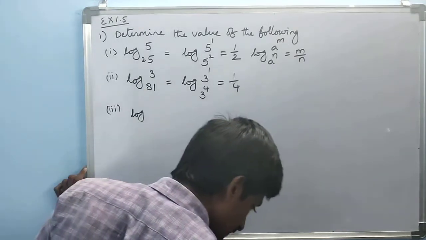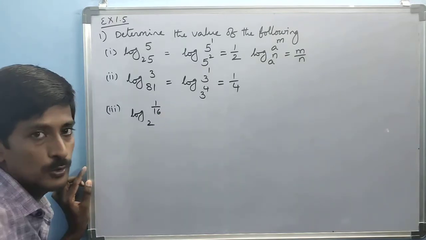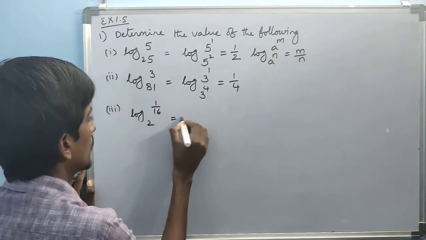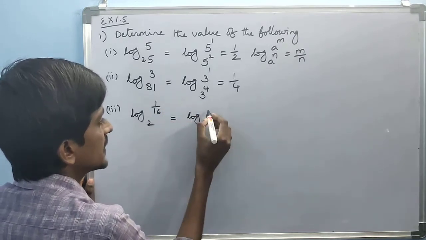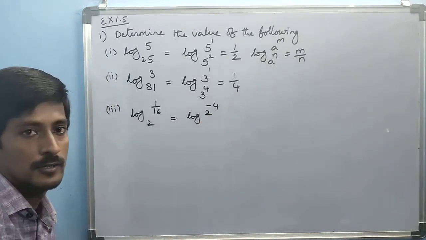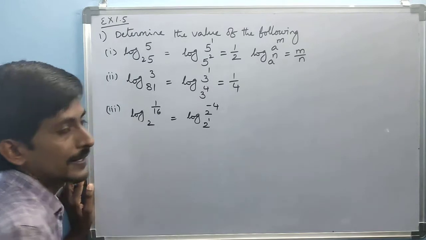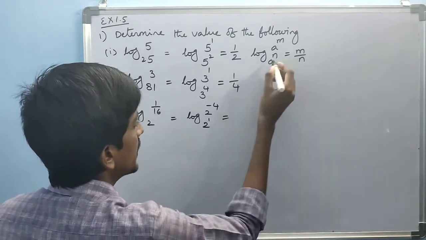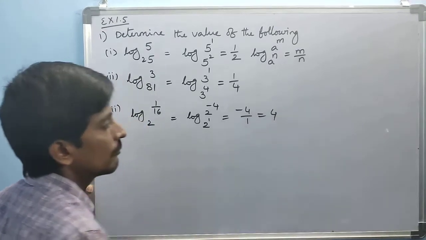Log 1 by 16 base 2. 1 by 16 can be written as 2 to the power of minus 4. Okay. 2 can be written as 2 to the power of 1. So, the same formula, minus 4 by 1 is equals to 4.